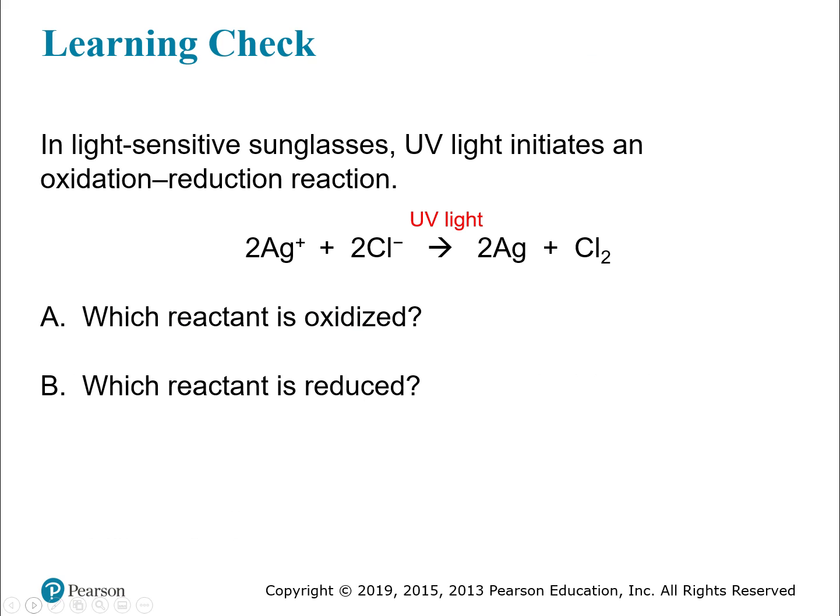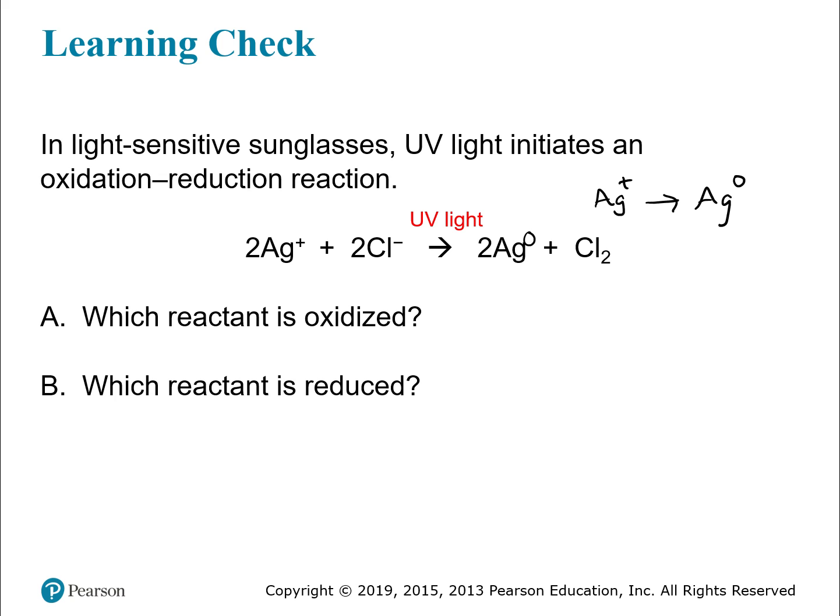Okay. Here's a learning check. You need to identify which reactant is oxidized and which one is reduced. Here we've got Ag plus going to Ag0, right? When we don't see anything up here, we can assume it's a 0.